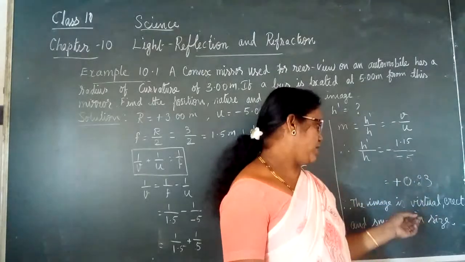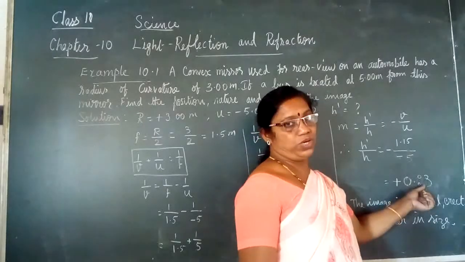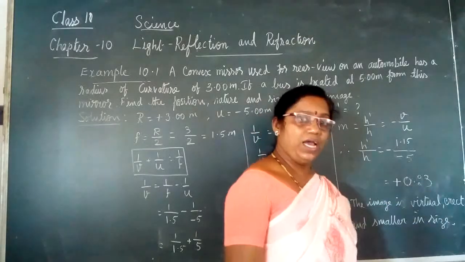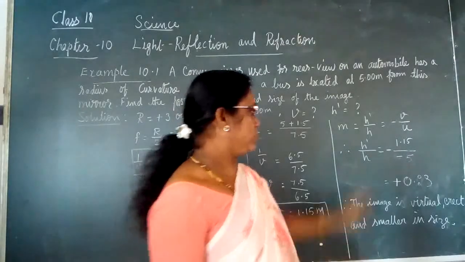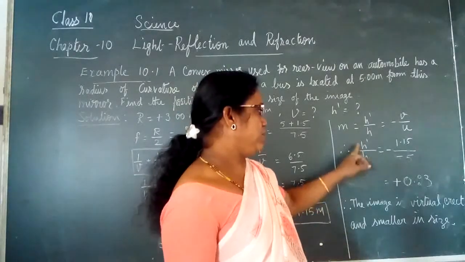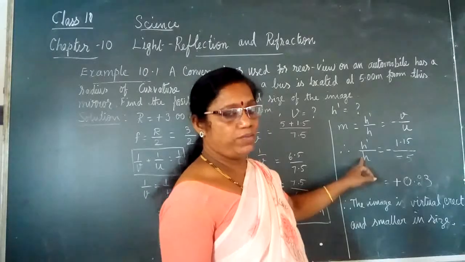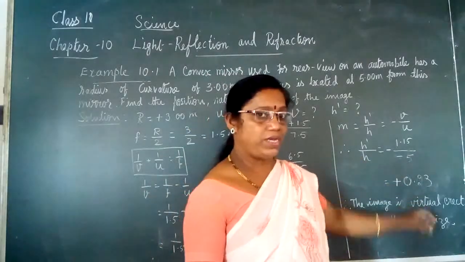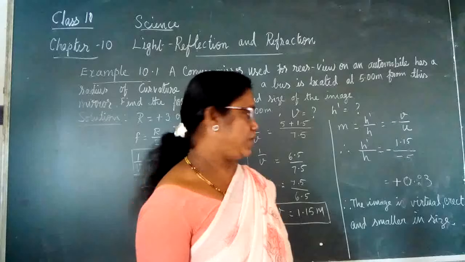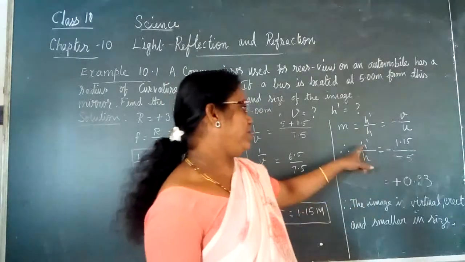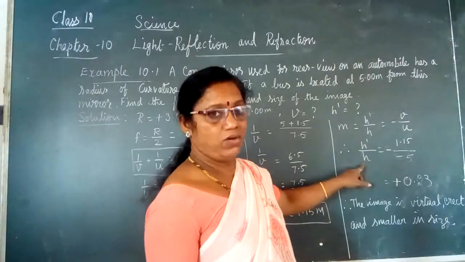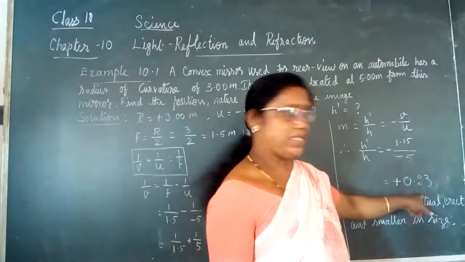Now you see here, if you get this value equal to 1, then the size of the image is same as the size of the object, because it is image size divided by object height. If it is equal to 1, both the heights are equal. And if it is more than 1, then the image height is more than the object height, but it is less than 1.